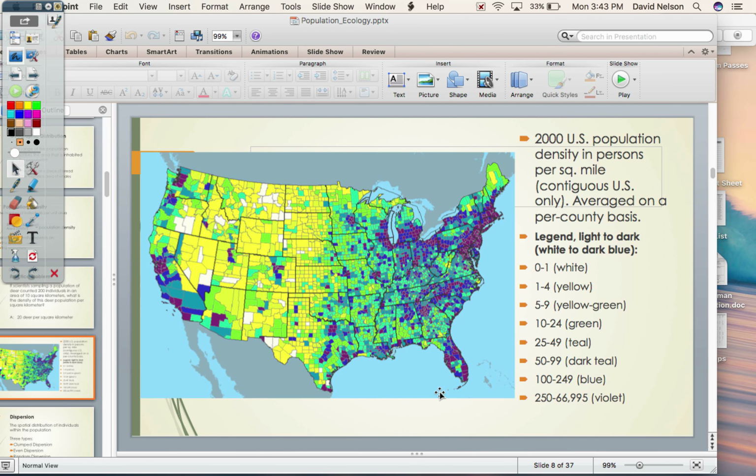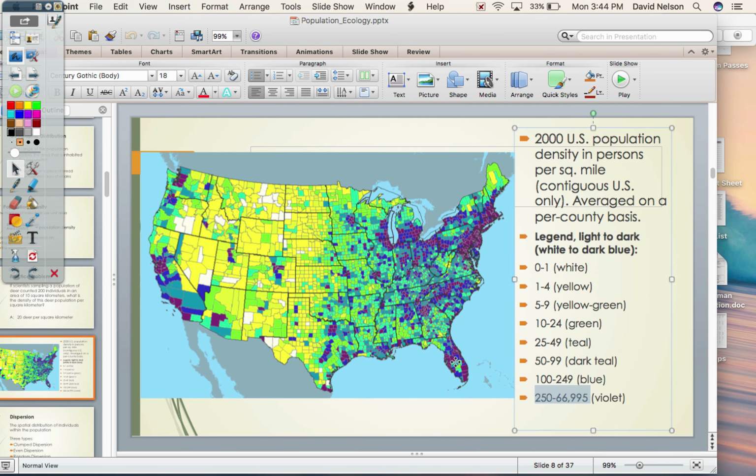Over here in the east, we're much more densely populated, where we're looking at places in the teal that are 25 to 49 people per square mile. Dark teal, 50 to 99. Blue is 100 to 249 people per square mile. And then this violet, huge range, of 250 people to almost 67,000 people per square mile.